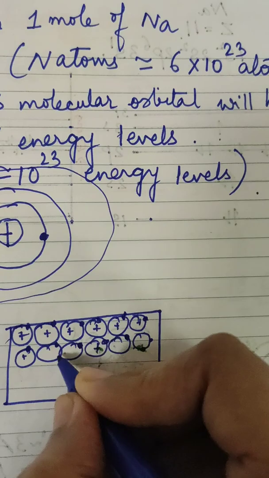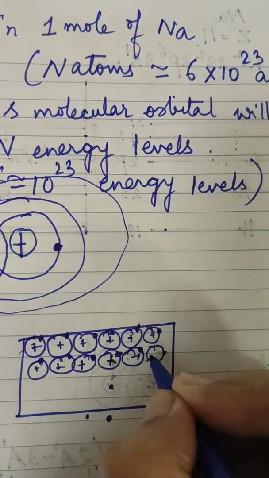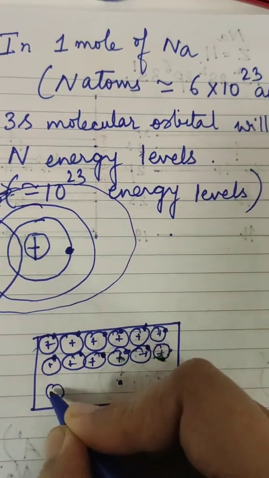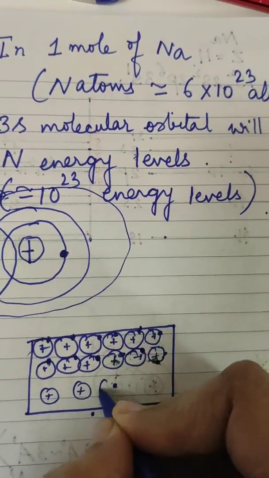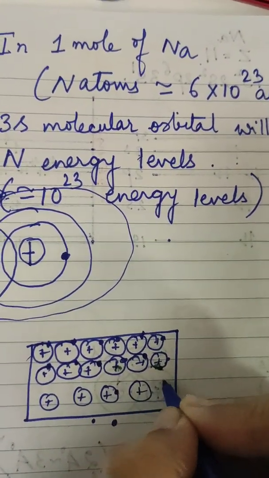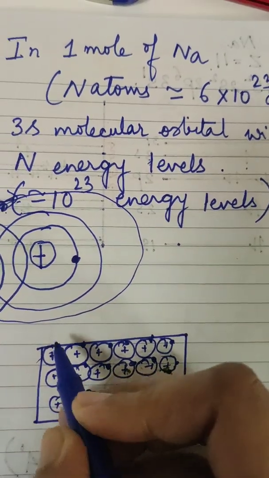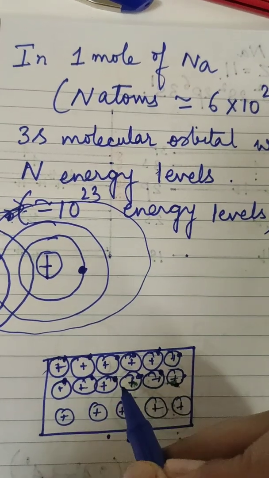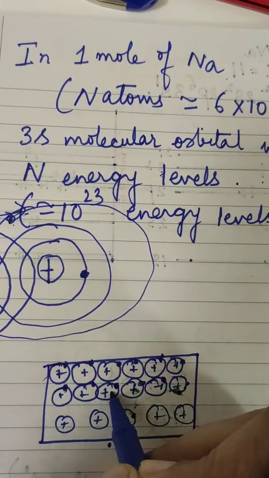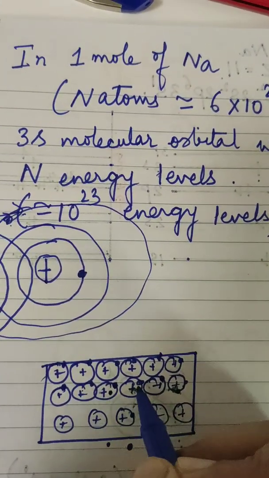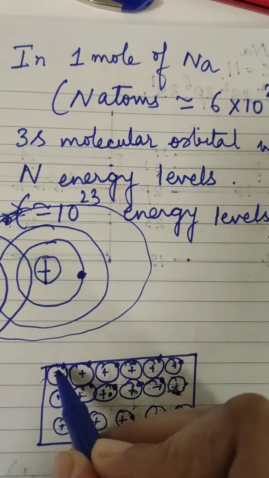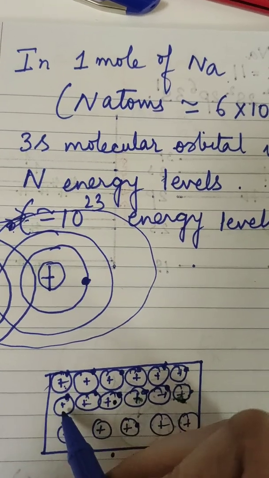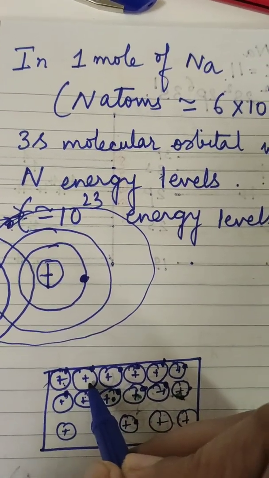So what I'm trying to say here is, suppose there are n atoms in the crystal, and each atom has its own unique position, because the position of this atom cannot be taken by that atom. This atom is surrounded by so many atoms, but this one is not; here you see it has only one atom below and one atom at its side.